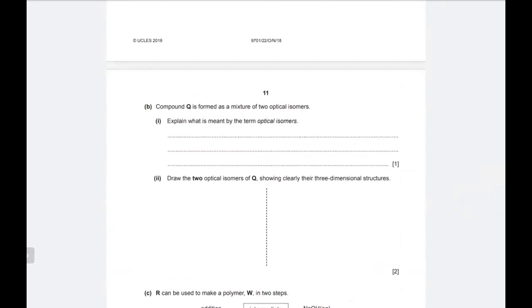Optical isomers are isomers which have the same structural formulae, but due to the chiral carbon they are mirror image isomers, or we can say molecules with the same structural formulae but having 3D mirror images are called optical isomers.